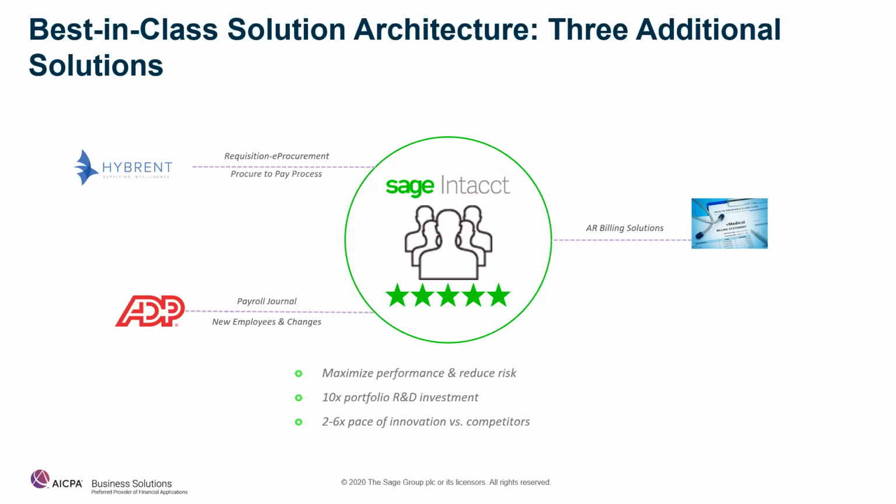Around the perimeter, you see examples of other best-in-class applications that are going to integrate into that financial engine. So you might have something that's managing your requisitioning process or your payable process. You may be using a payroll company. You may be outsourcing your payroll to one of several payroll solutions.